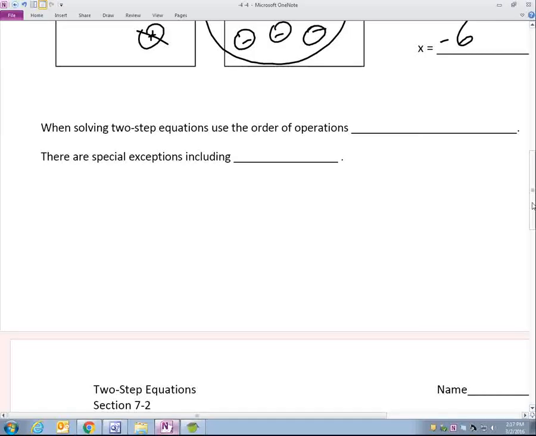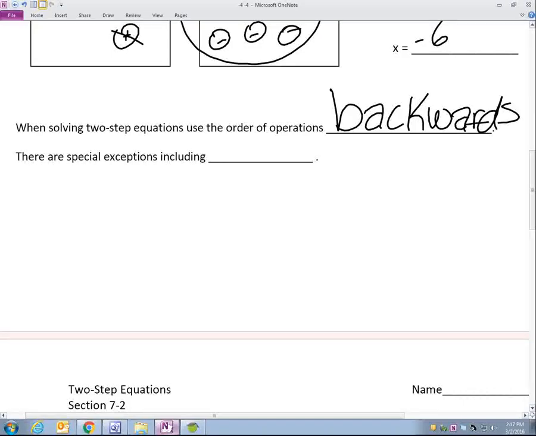When solving two-step equations, you use the order of operations backwards, in reverse.